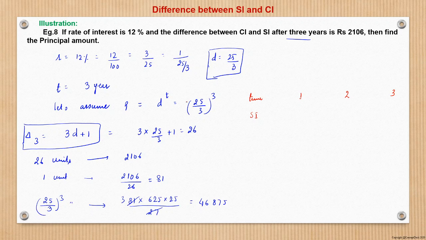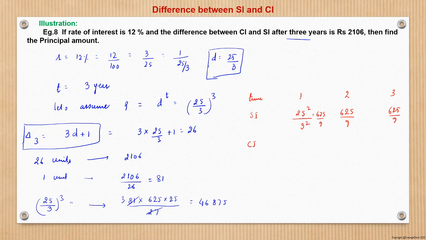So 3 by 25 of 25 by 3 whole cube gives 25 square upon 3 square. And this remains the same, 625 upon 9 and 625 upon 9.